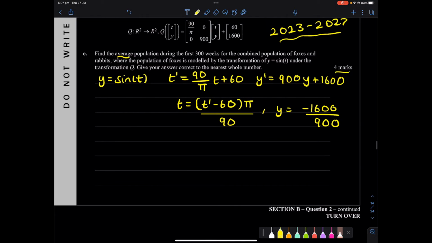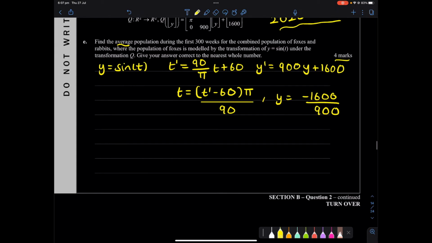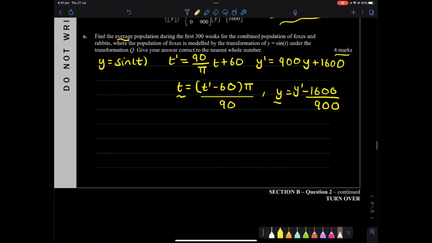And we shove all of these over here into this function. Okay, what have I done here? I'm supposed to write y dash here. So we're saying that y dash minus 16 over 900. I'm going to make sure to put that over here.